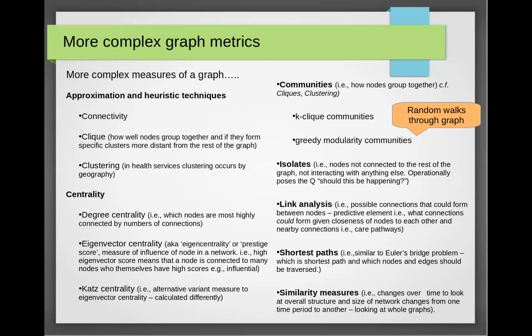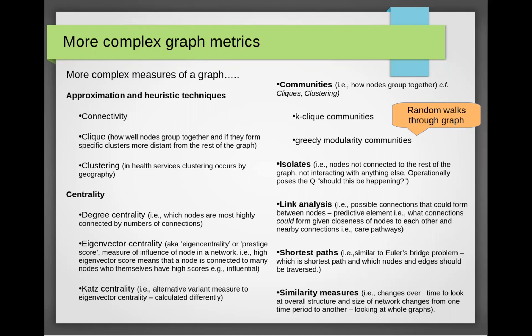And again, these are groups of nodes that all appear to be clustered together, but separate from one another. And in health services, usually when you look at clustering, you do tend to find that these nodes or services tend to be clustered together based on the geography. So you may find these services are close to one another physically, as well as how they appear when you draw your network graph.